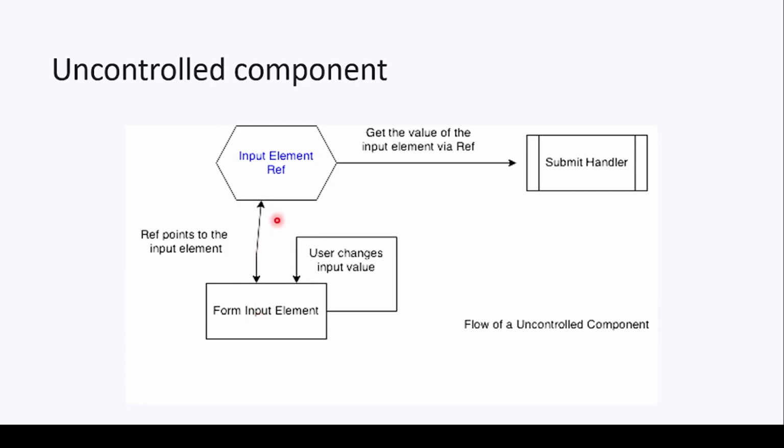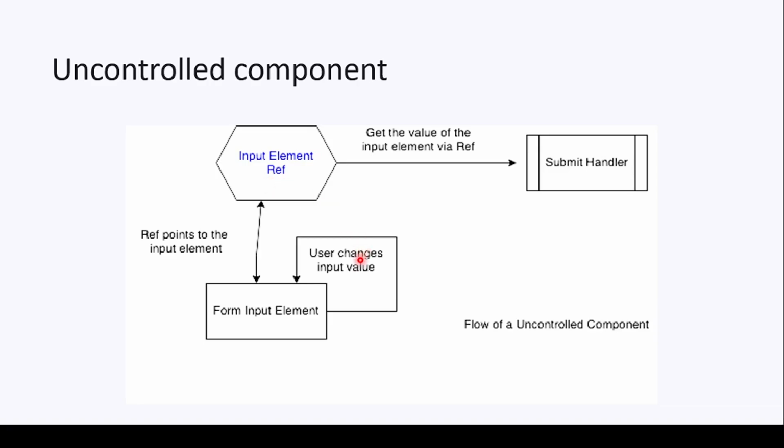It uses a ref. Ref is nothing but a way to access the DOM element or the component directly. So by attaching a ref to the input element, we can retrieve its current value at any point, even without updating the component state. So it means that we do not require state at all.